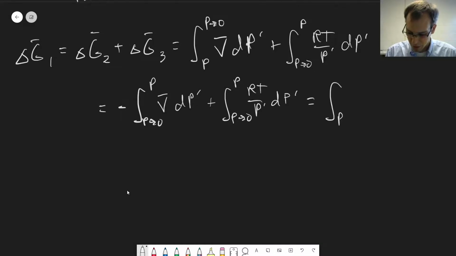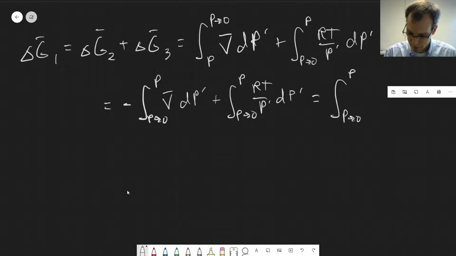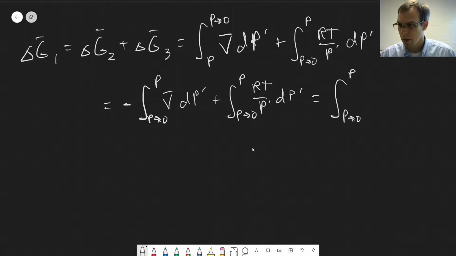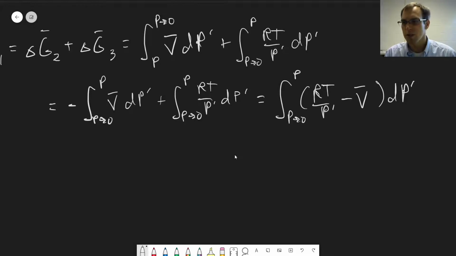So the integral from low pressure to high pressure of RT over P prime minus V bar dP prime. Now we've combined this into one expression, and you can see how this is the difference between ideal behavior versus the non-ideal behavior, whatever V bar we have.